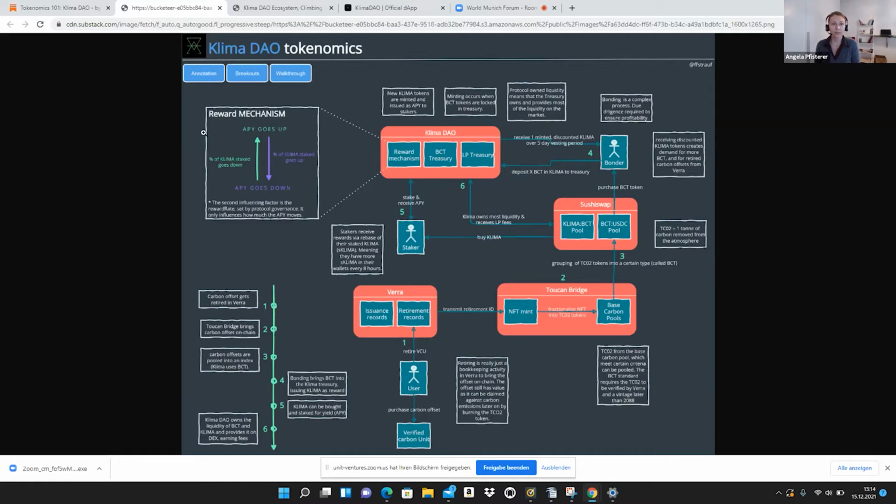So one part that is still missing, and it might also be an interesting part for the ones who called in, is this reward mechanism. I wanted to just briefly talk about the reward mechanisms. The APY was very high when it initially launched, and it's still very high.